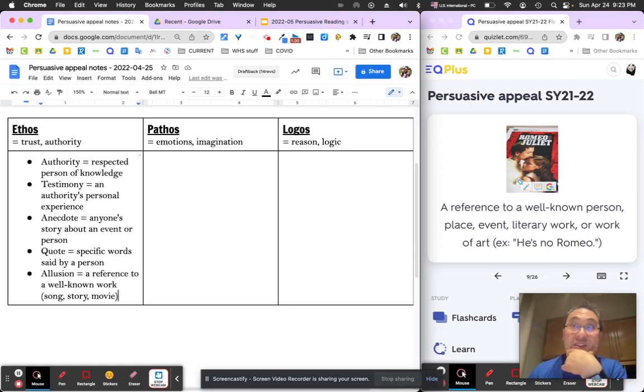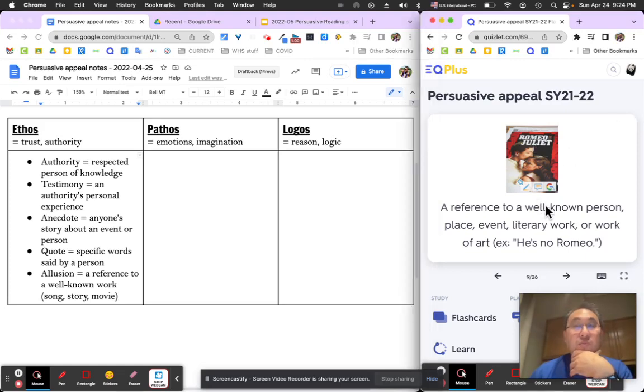I can't really think of anything right now, but the idea of "oh, he's no Romeo" means he's not Romeo from Romeo and Juliet. When we talk about Romeo, you think about someone who's a lover, right? It's easy to say Romeo and be like, oh, he's the dude who fell in love with blank. Hopefully you remember from last year, Juliet, right?